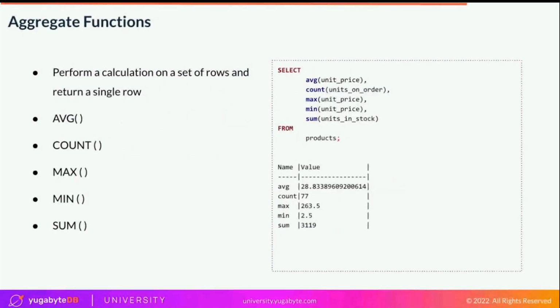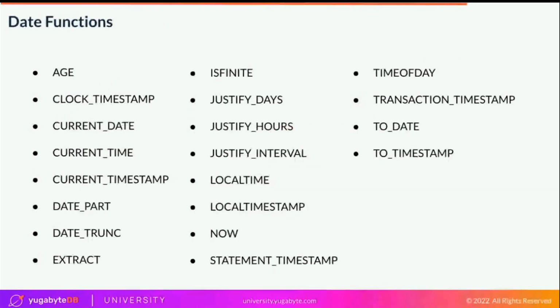Built-in functions for aggregations are all supported, like average, count, max, min, and sum. Date functions are supported, right? So these are all PostgreSQL functions essentially. And whenever you're dealing with dates in particular, there are a lot of nuances. We have some great blogs on those nuances from some of our SQL or PostgreSQL experts like Bryn, for example.